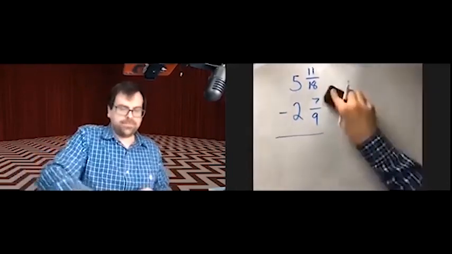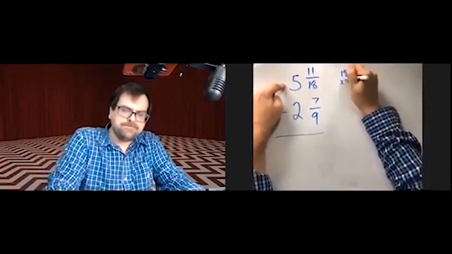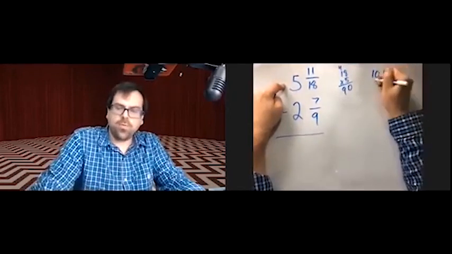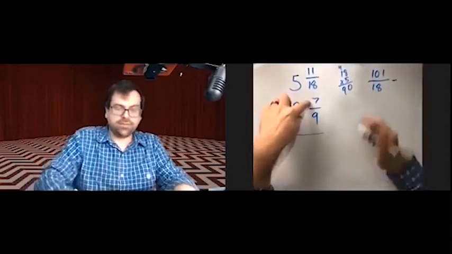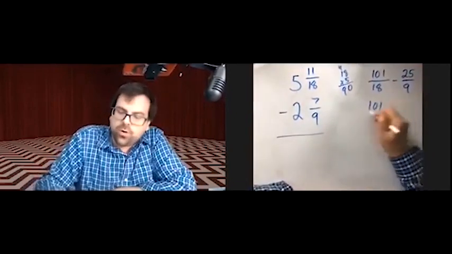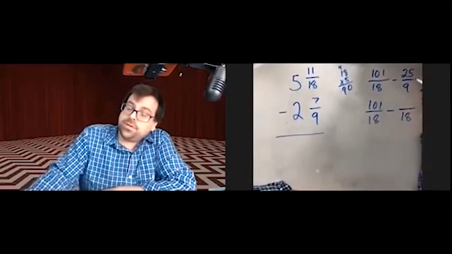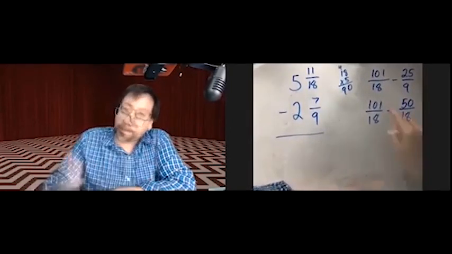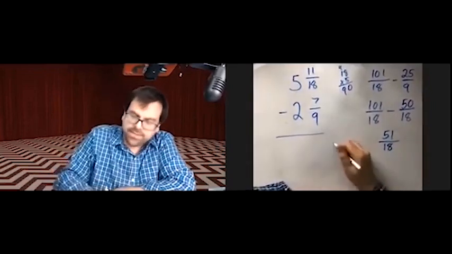Or you can go a long way. Improper fractions. 18 times 5 is 90, plus 11 makes 101/18, minus 2 and 7/9, which is 25/9. That's 101/18 minus, 9 times 2 is 18, 25 times 2 is 50/18. 101 minus 50 is 51/18.